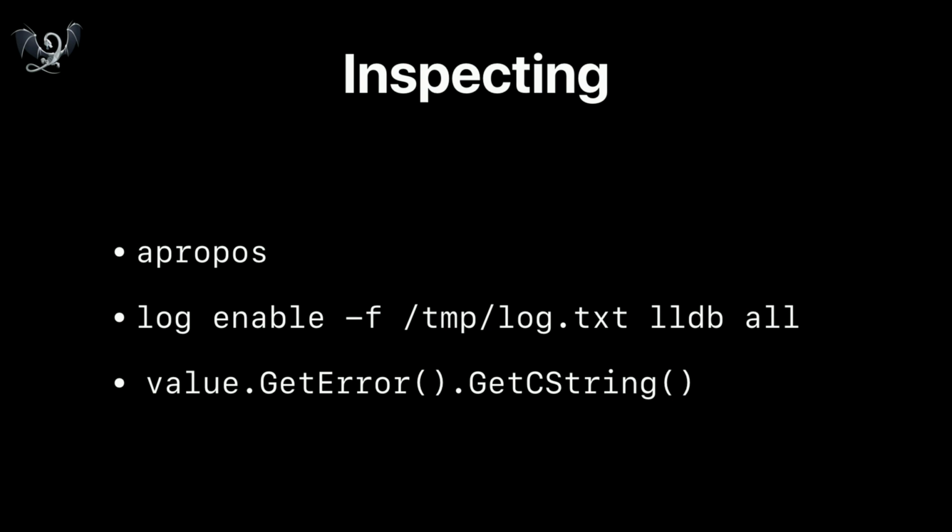You can log them directly to a file, and you can also specify certain APIs in LLDB if you really need to do that. So that can be useful if you're trying to figure out what's going on when it's not working. The other piece is for the Python API. If you receive an object called SBValue, that object can have a value or an error. And if you need to get the string description of that error, you can call GetError and GetCString, and it'll print out the string if you're trying to figure out what's going on.